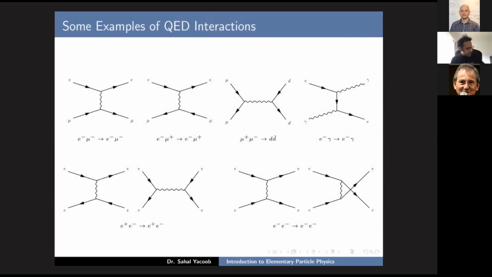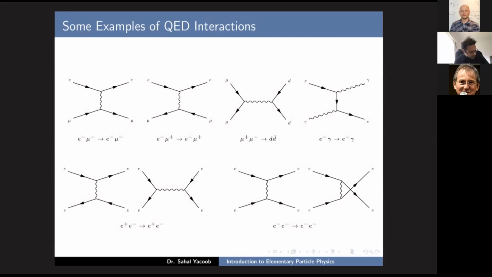So here we have complete interactions. I will run through them, or you should work through them on your own if you're getting a bit tired of my voice droning on. We have an electron scattering off a muon in the first diagram. In the second diagram, we have an electron scattering off an anti-muon, positively charged.